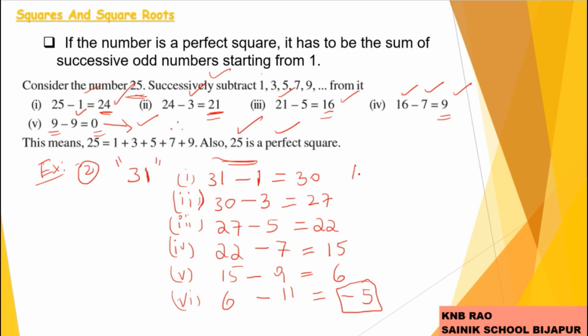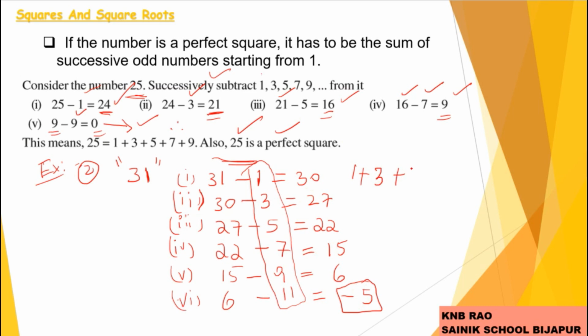Or else, the sum of the first 6 odd numbers is not equal to 31. There is a shortage of 5 to that sum. That way also you can say.